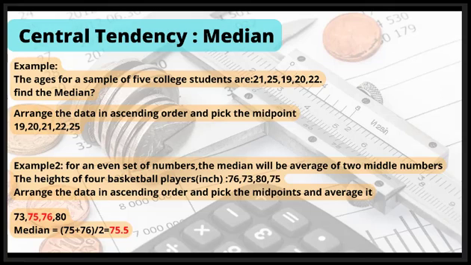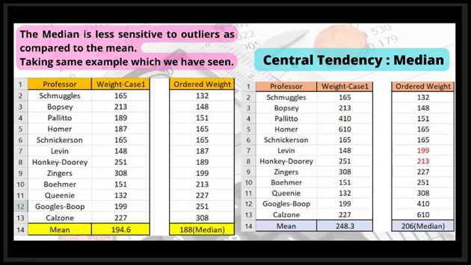Let's take the same example which we have seen. These are the weights of the professors we have seen before. As I said, the midpoint here is between 187 and the other one, so the average is 188, which is 187 plus 189, divided by two.